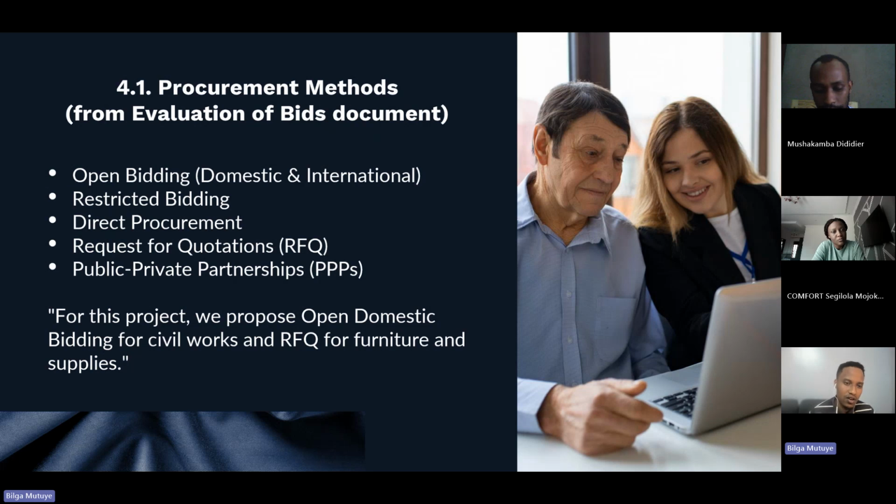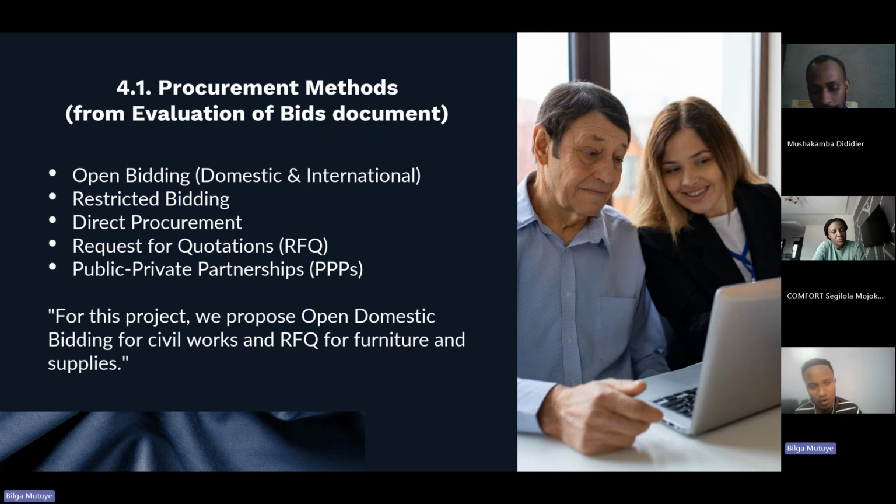The third one is the direct procurement, whereby the procuring entity usually targets or selects one supplier to perform and deliver the project need and ensure the project implementation.